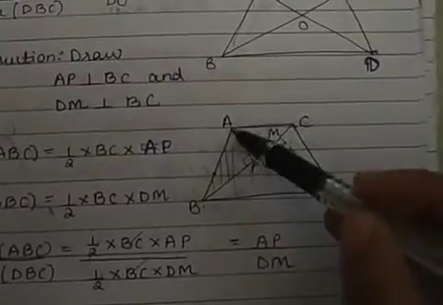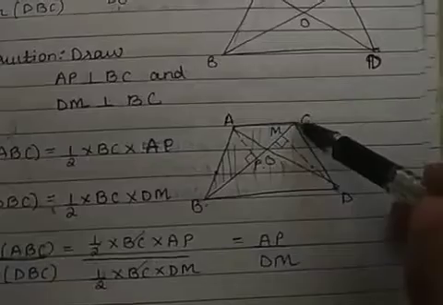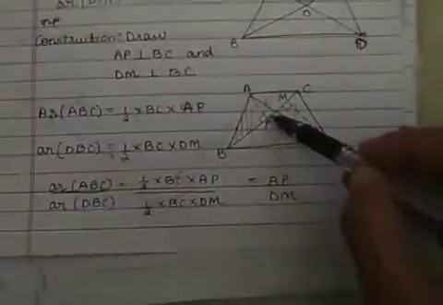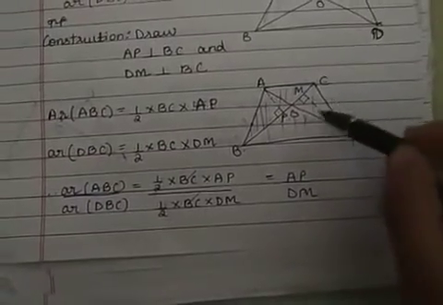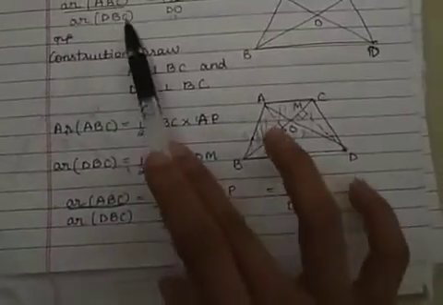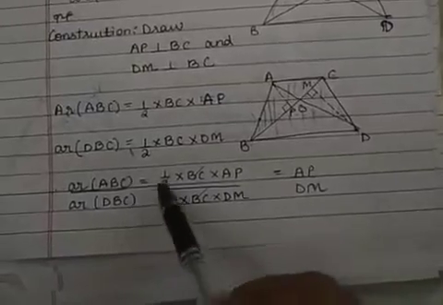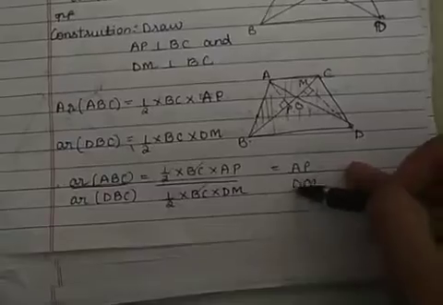So what is area of triangle ABC? It will be half of BC multiplied by AP. Similarly, what will be area of triangle DBC? It will be half of BC multiplied by DM. Now, since we have to find the ratio, let us take the ratio of the two triangles. When you take the ratio, what remains is AP upon DM.